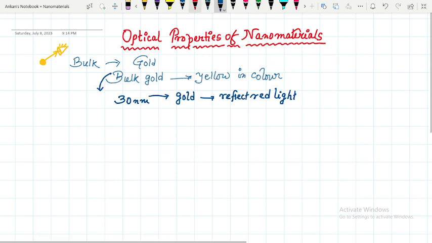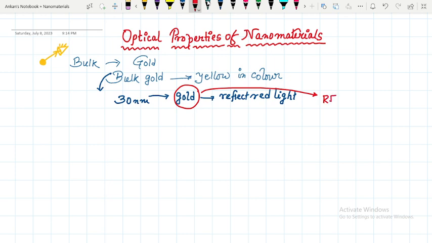Then the gold will seem to be red, while the bulk gold was yellow. When we reduce the size of the gold to some 30 nanometers, the gold appears red in color.